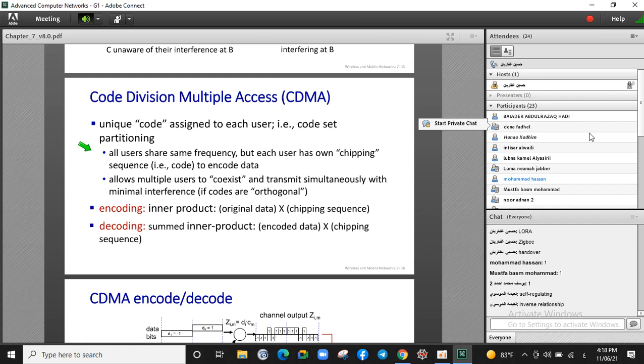One of the solutions is using code division multiple access or CDMA technology. What is CDMA technology? In CDMA technology, I assign a separate, unique code to each of the users inside the network, okay? Those users share the same frequency band in the network.